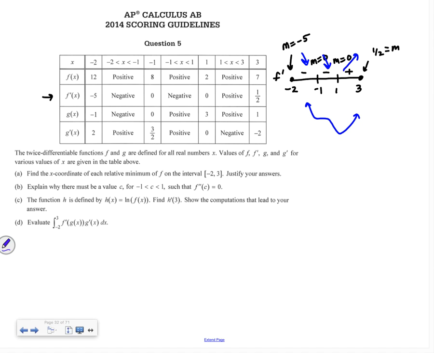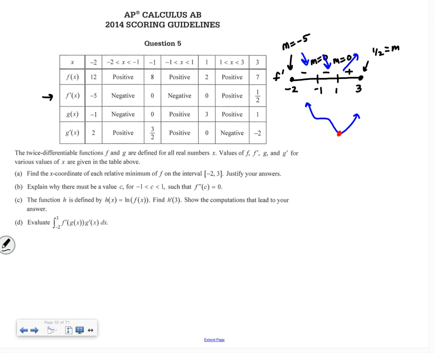Okay. So part A says find the x-coordinate of each relative min of f on the interval negative 2 to 3. Justify your answers. So it looks like there's only going to be one relative min, and it would be right here at x equals 1. So we need to justify that. We can't just use the chart because no one looks at the chart.